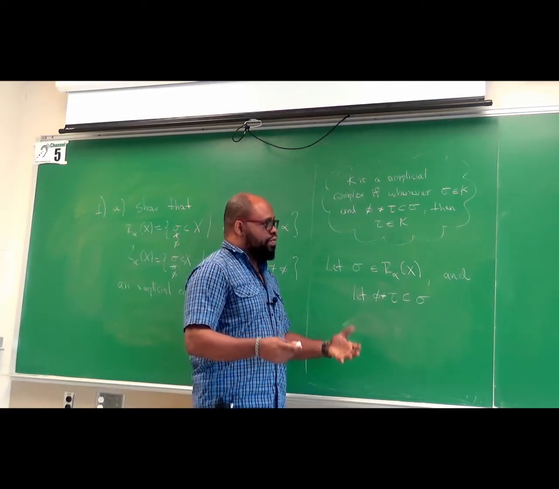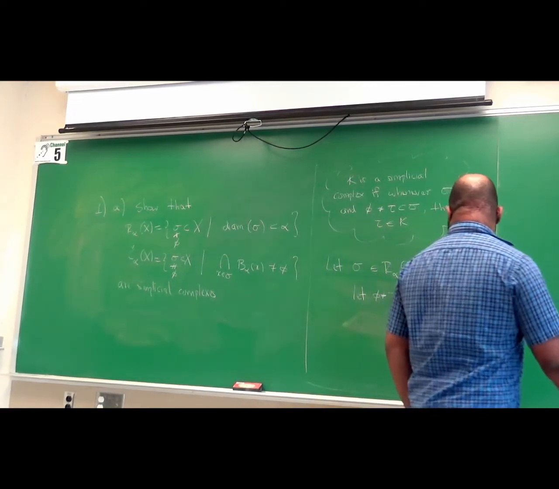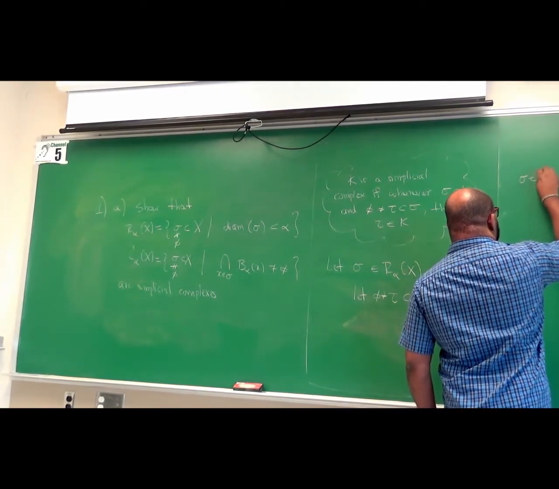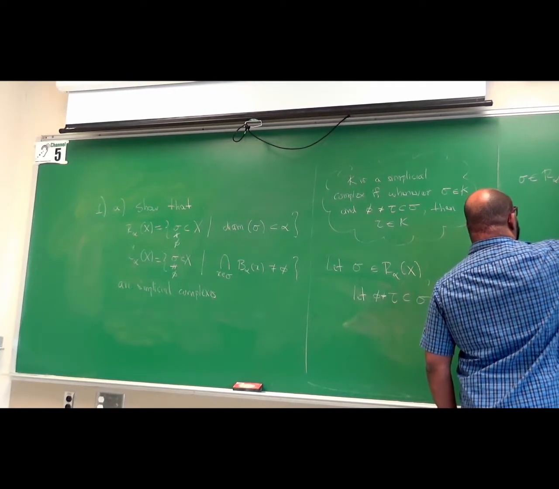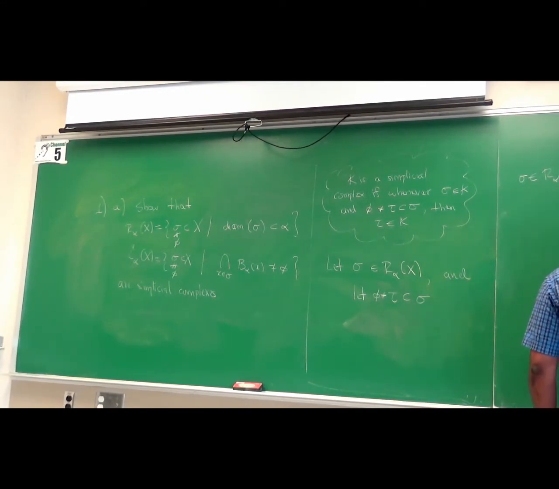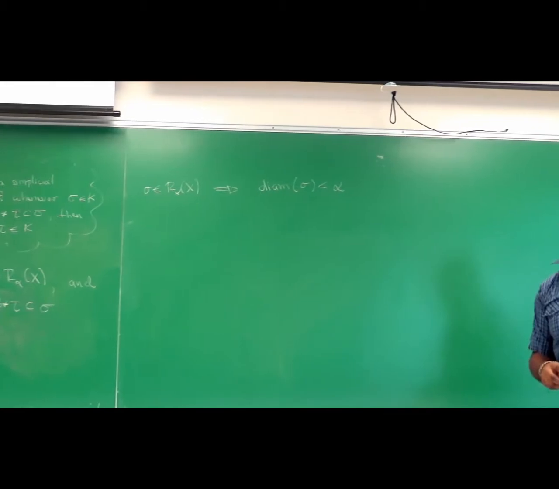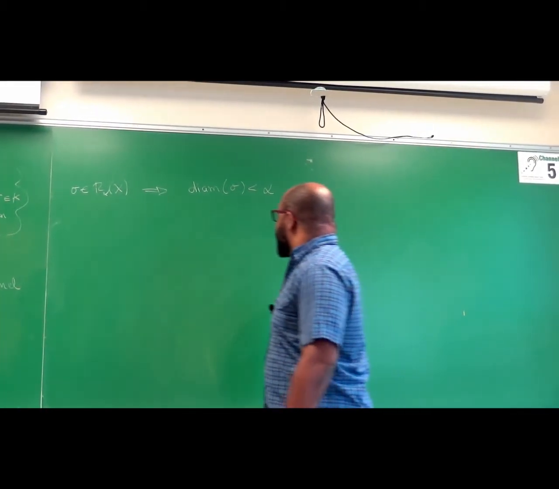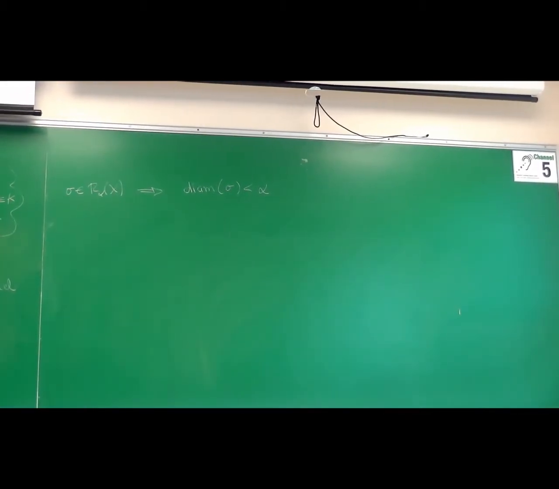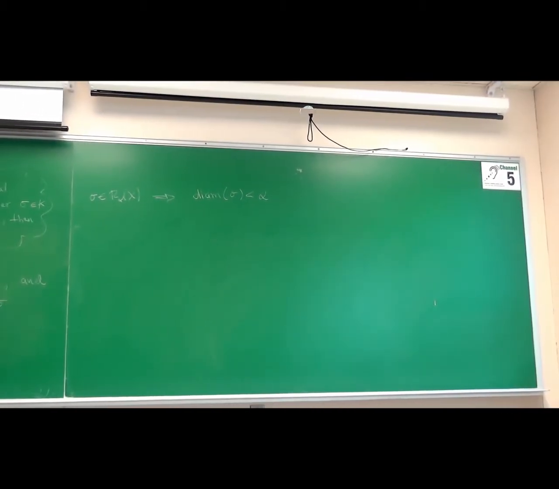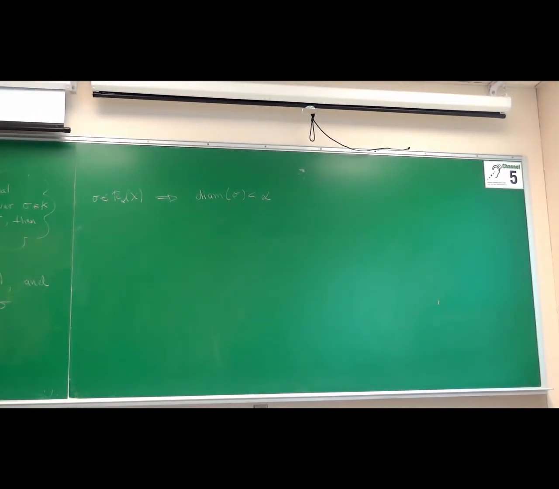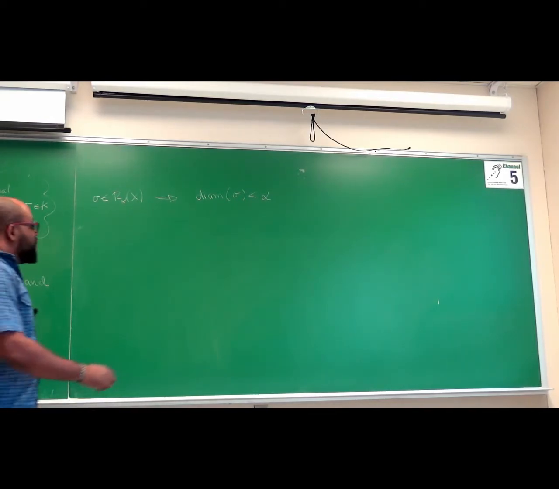And for that, we just use the definitions. If sigma is in the Rips complex, that means that its diameter is less than alpha. That's what we're given. Now, if tau is a subset of sigma, then its diameter has to be bounded from above by the diameter of sigma.